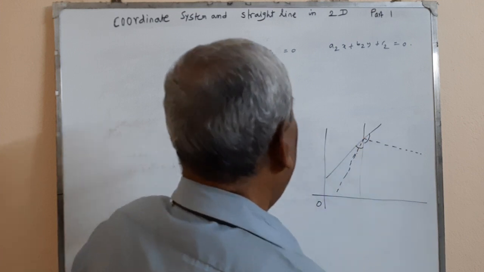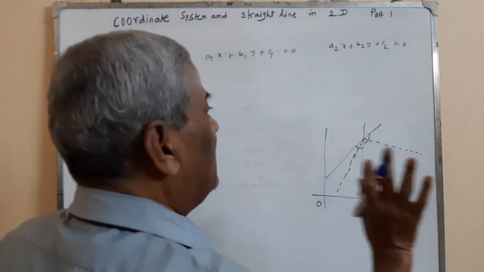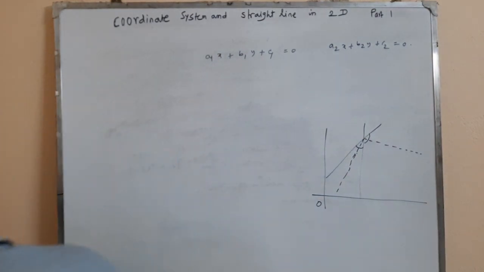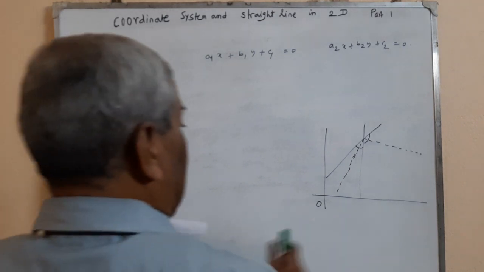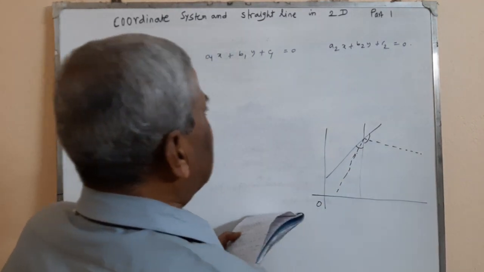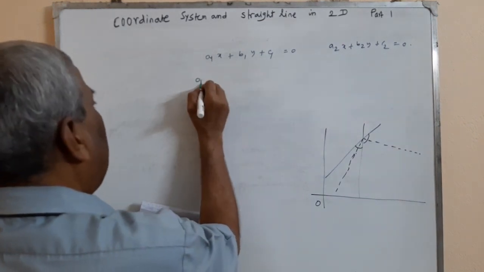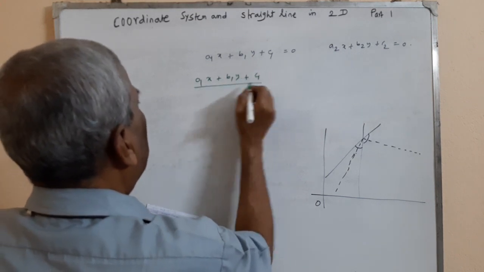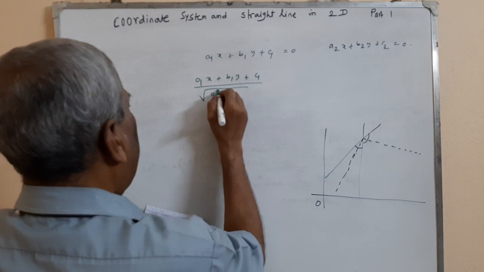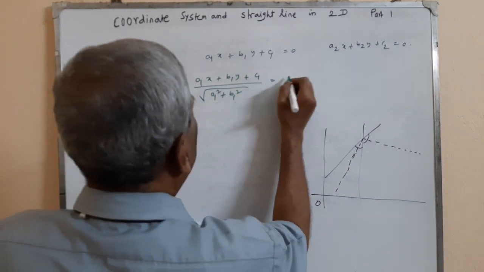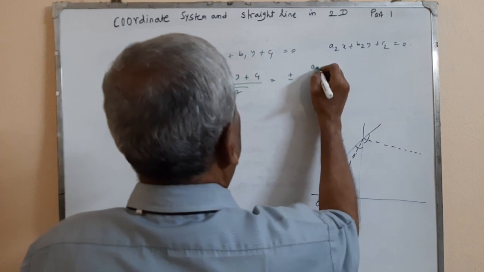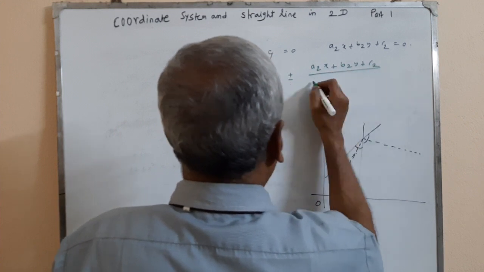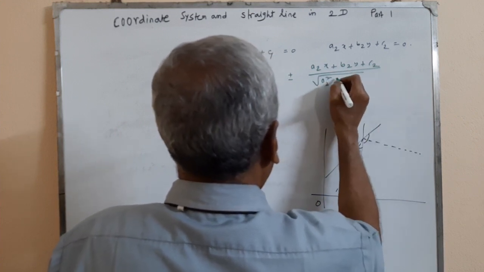these two equations of bisectors. Number one, (a1x plus b1y plus c1) divided by root over of a1 square plus b1 square is equal to plus minus (a2x plus b2y plus c2) by root over of a2 square plus b2 square.